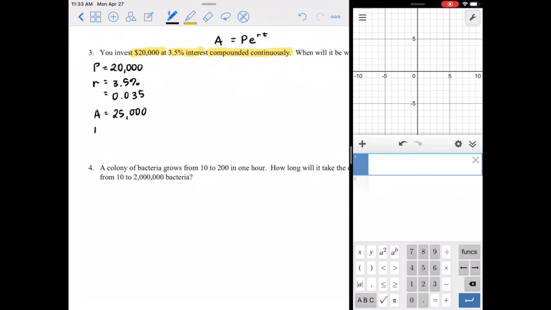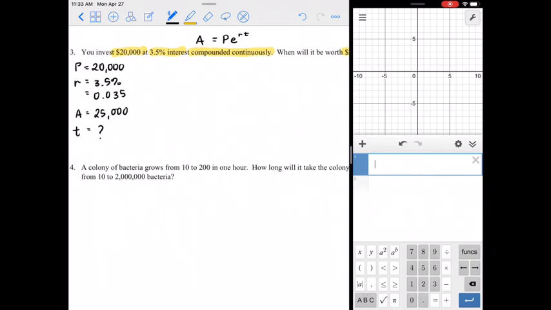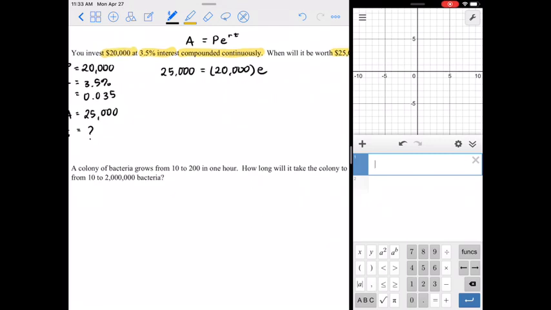So we're actually looking for T. When will it be worth? So T is what we're trying to solve for. So let's put all of our variables, all of our numbers into the formula. So 25,000 is equal to 20,000 times E. And remember, E is a number. It's a constant.